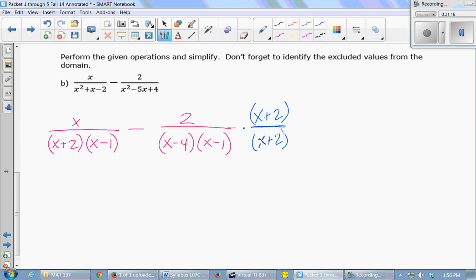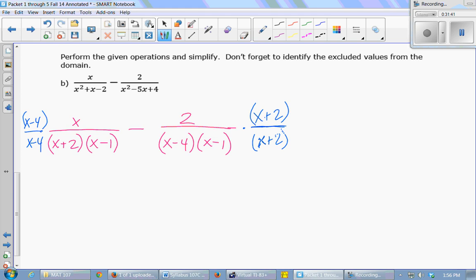Now it has an x minus 4, an x minus 1, and an x plus 2. Anything that the other fraction had that this one doesn't already, you have to give to it. And vice versa. This one already has an x plus 2 and an x minus 1. It needs an x minus 4 to make it look like the other one.